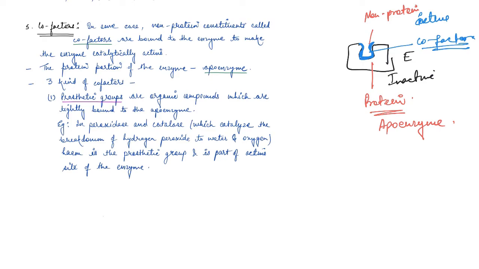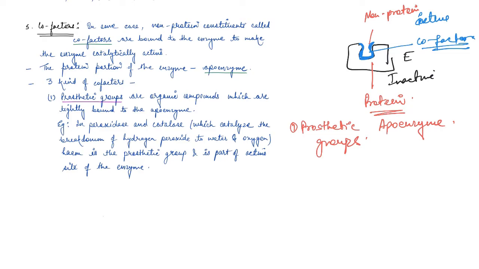So guys, there are three types of cofactors. The first one is prosthetic groups, right? So prosthetic groups are basically organic compounds, and they are distinguished from other cofactors as they are tightly bound to the apoenzyme, which is the protein part of the enzyme.